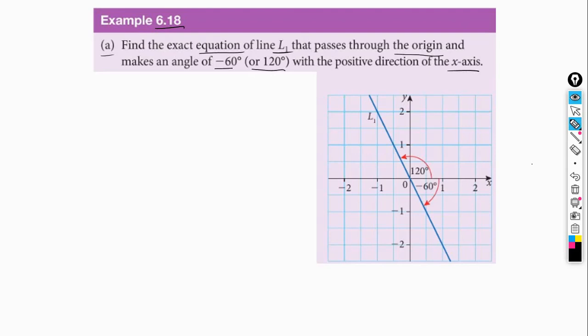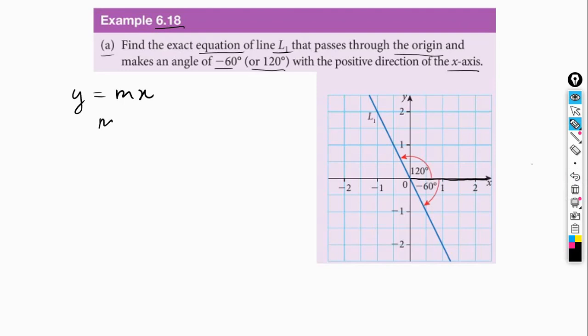So that means with this here, the positive direction of the x-axis. So because it goes through the origin, it doesn't have a y-intercept. So that simplifies the problem quite a bit, because y is simply going to equal some m, a slope, times x.